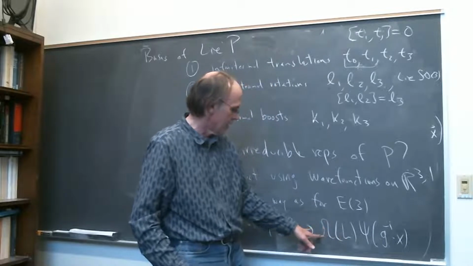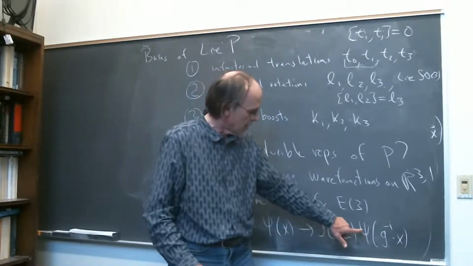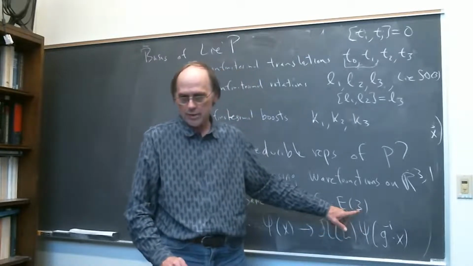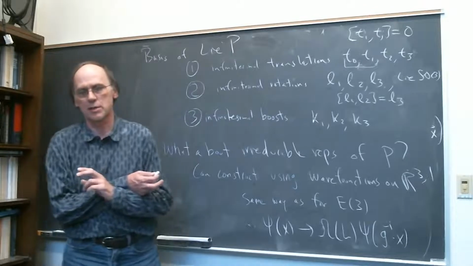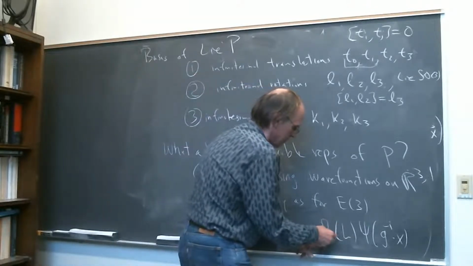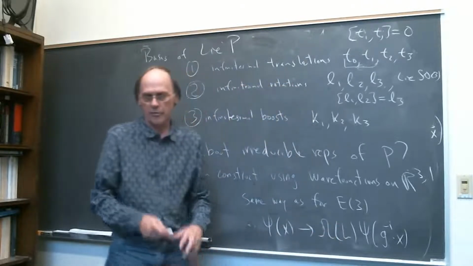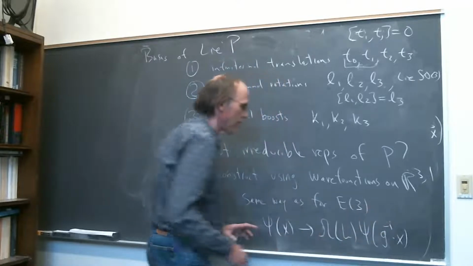Then you have these guys valued in some representation of the Lorentz group, one of these finite dimensional representations, one of the ones that we discussed last time and earlier.